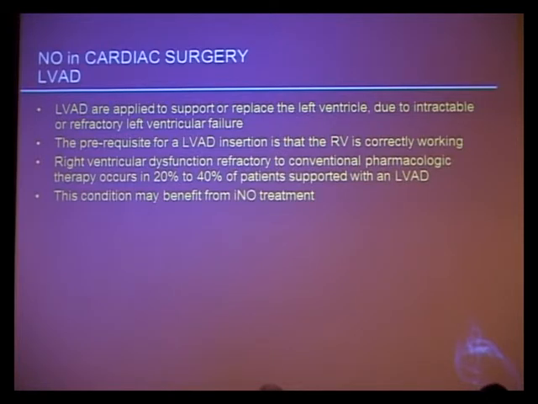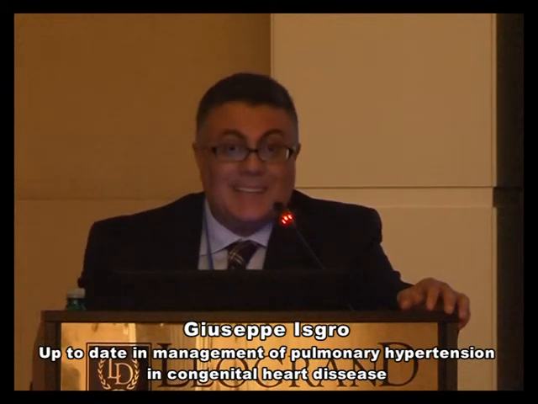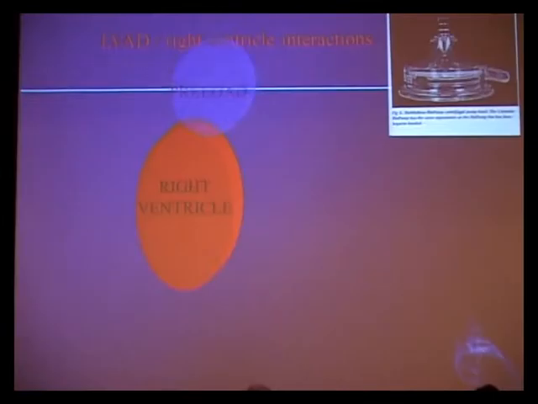Right ventricle dysfunction, refractory to conventional therapy, occurs normally in 20 to 40% of the patients supported with a left ventricle assist device. This condition may benefit from inhaled nitric oxide, for example.